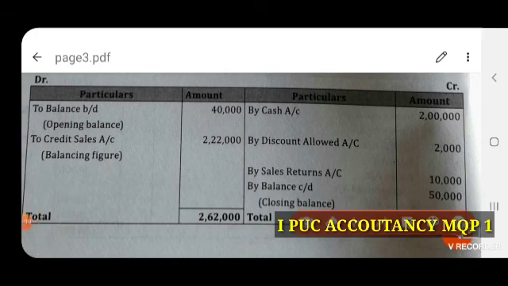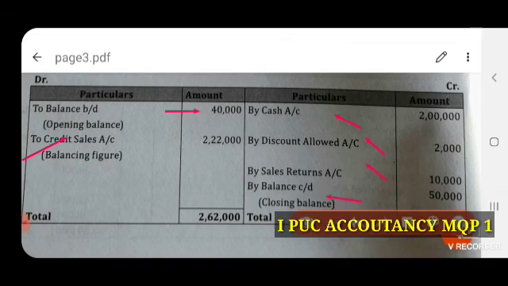First, opening debtors we have to enter. Then other entries, cash, discount allowed, sales return we have to record. And at the last we have to record the closing balance of debtors. So opening debtors debit side, closing debtors credit side, and the answer is the credit sales, the difference amount.